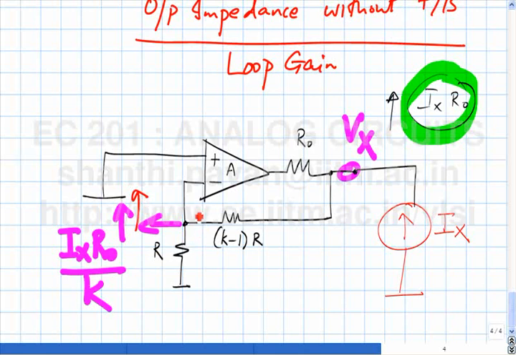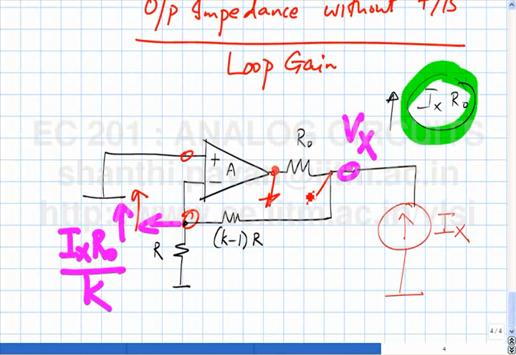What is the negative feedback loop thinking? It's saying, oh my God, the output voltage is too high, I need to reduce it. So it goes and kicks this node so hard, it does whatever it takes to make this potential equal to this potential. So it's going to pull this node low, thereby pulling this node potential low.